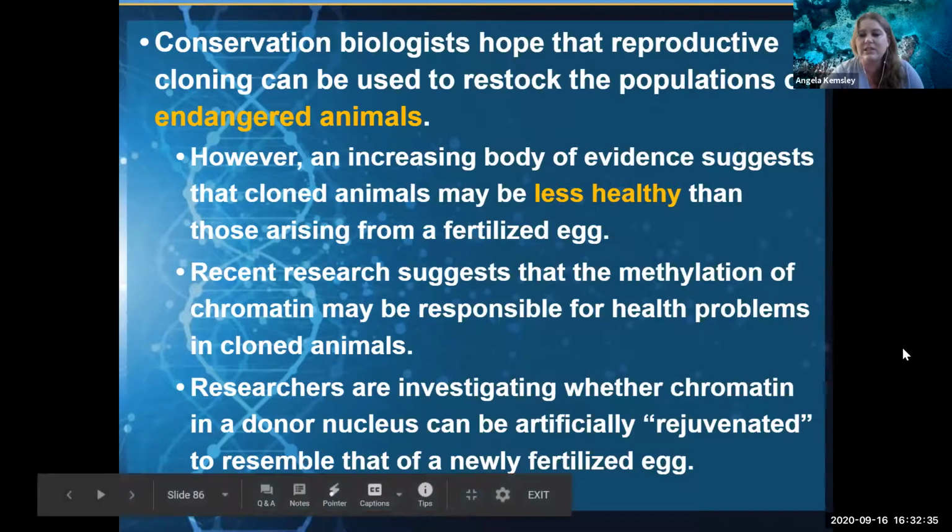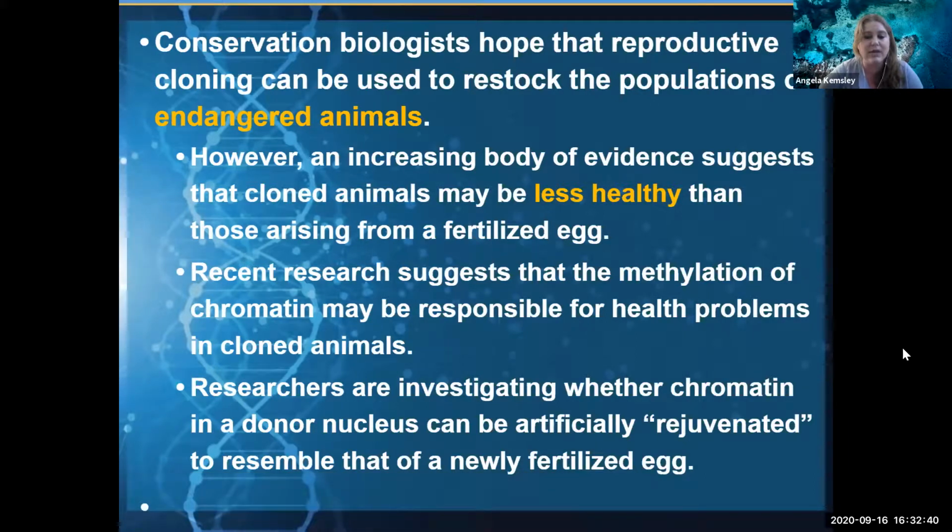So research suggests that the methylation of chromatin might be responsible for health problems in cloned animals. And researchers are currently investigating whether chromatin in a donor nucleus can be artificially rejuvenated to resemble that of a newly fertilized egg. So there are scientists working on different things. There are scientists working on trying to make the process of true cloning, like we've done in the past, with the genetic information from one individual implanted into the egg of another one, better so the clones are healthy.